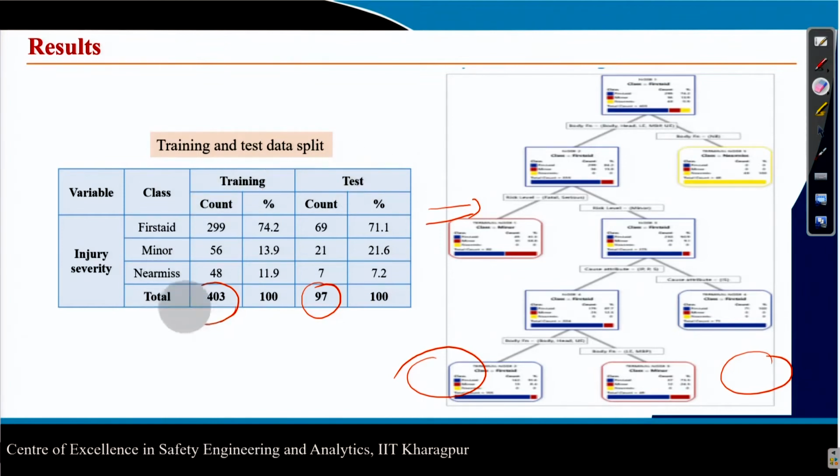So with this, in another few minutes I will first explain the CART tree with little better visibility, and then I will show you the fit measures. But here you just see, from the injury severity point of view, the count and the percentage are given. Okay, no problem.